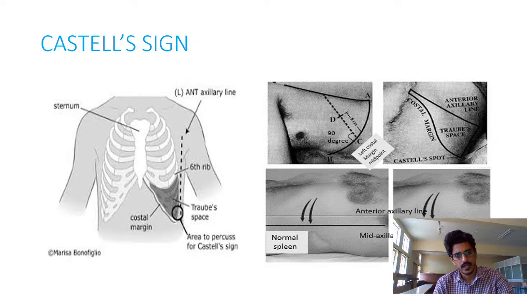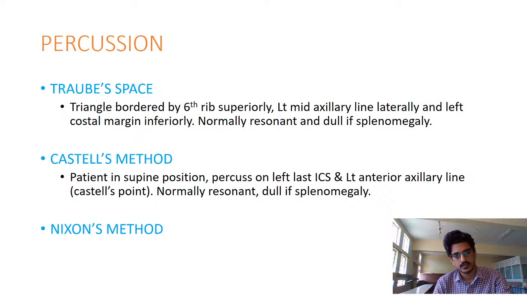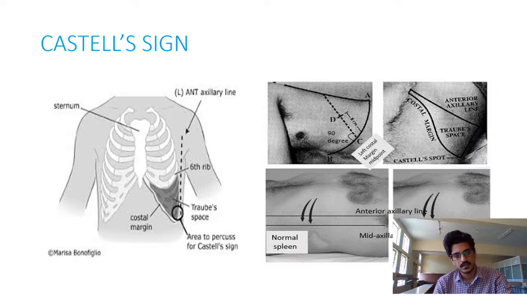Okay, so again I'm going back to explain to understand these points. Traube's space is nothing but a triangular space, bordered by the sixth rib superiorly, the left anterior axillary line laterally, and the left costal margin inferiorly. The shaded triangular area is the Traube's space.